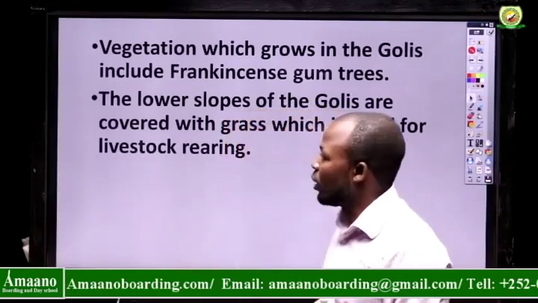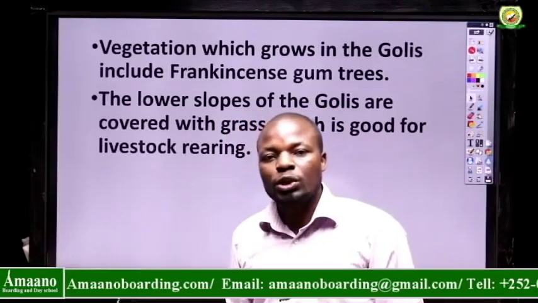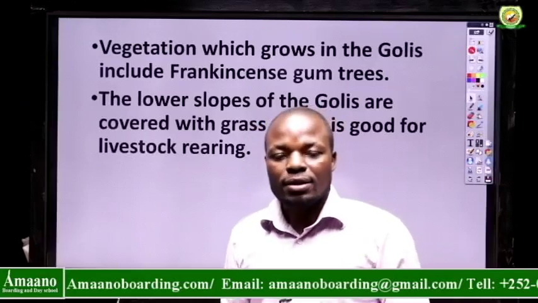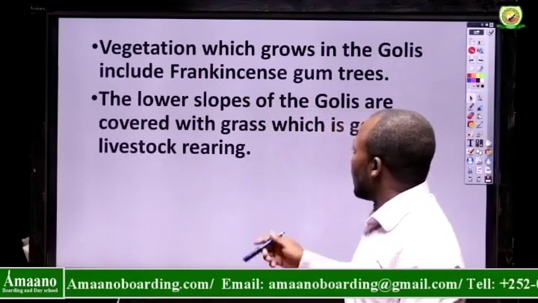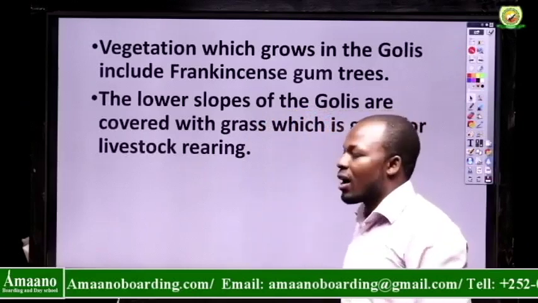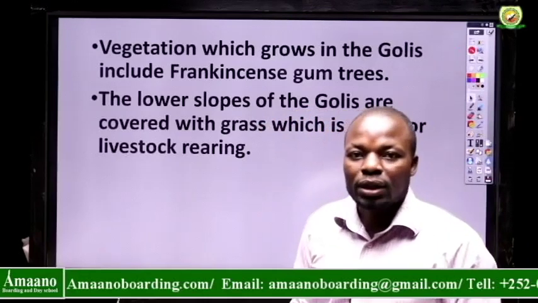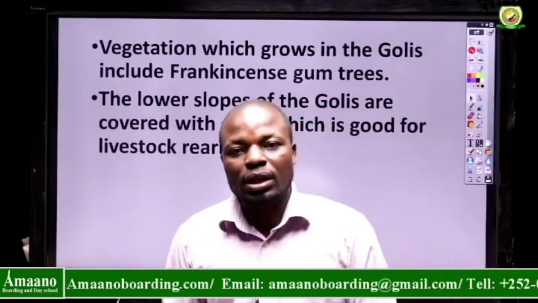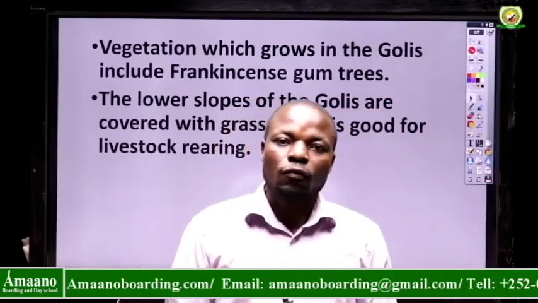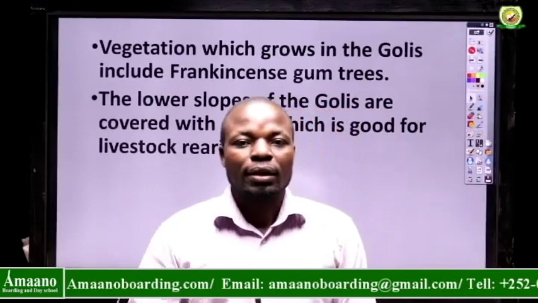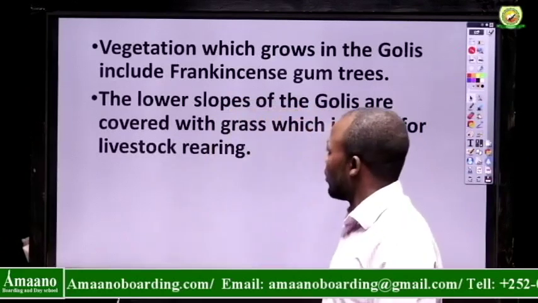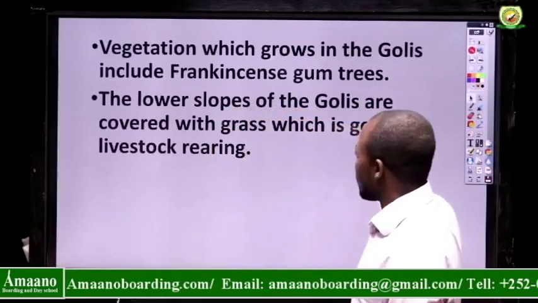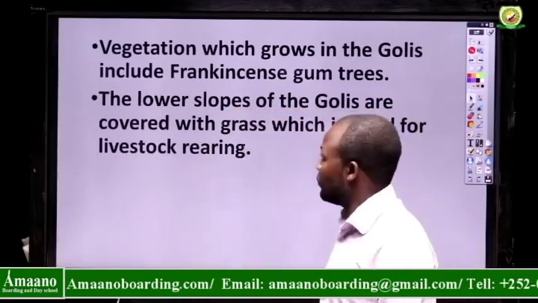So this region has a lot of trees where frankincense gum can be harvested, right? The lower slopes of the Golis are covered with grass, and grass is food for livestock, which means that livestock rearing is an activity that takes place there. So this grass is good for livestock rearing.